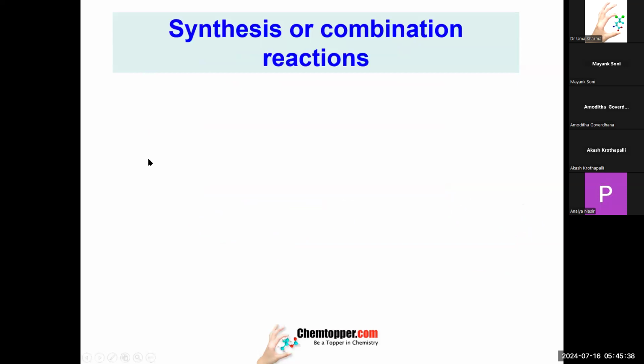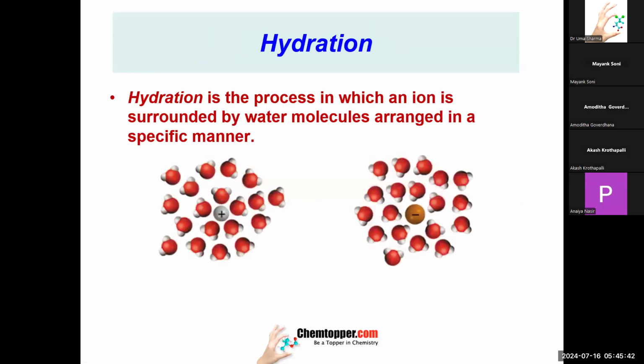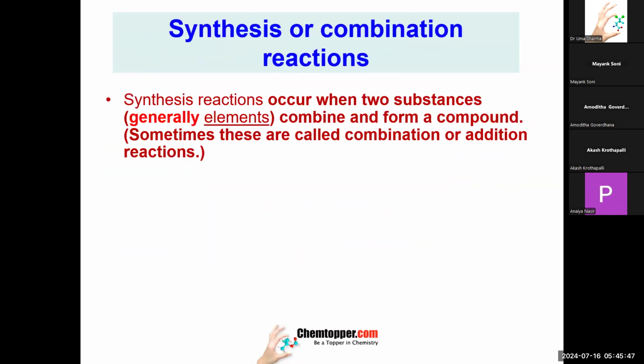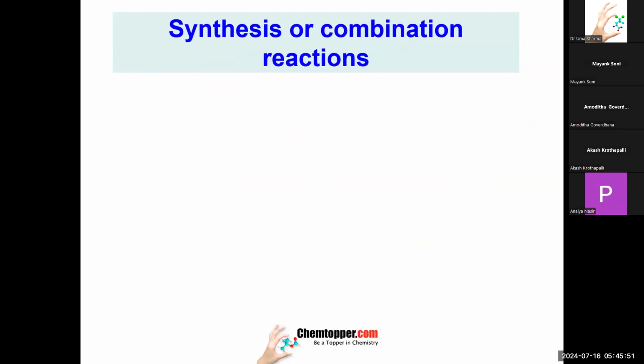Now we are going to different types of chemical reactions. These were physical changes: dissolution, heating. Now we are doing different types. I'm just going to teach you the names here, and then we can keep doing questions on reactions. You keep identifying what type of reaction this is.